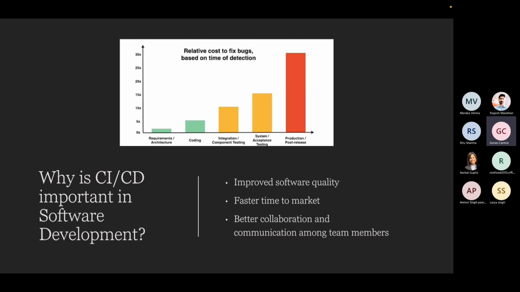I think that this is especially important in today's fast-paced business environment. Finally, I think that CI/CD also improves collaboration and communication among team members. By following CI/CD guidelines, teams can work together more efficiently and ensure that everyone is on the same page. Later on, this leads to better collaboration and communication, and ultimately better software.